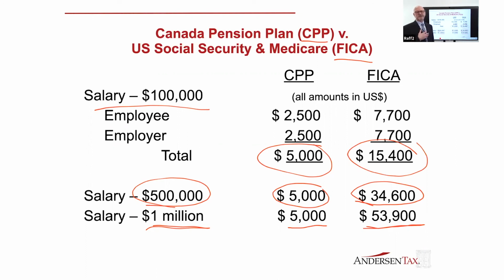Now, I had the privilege at one point in my career of being involved with a multinational company, a client, that we did an actuarial study for because when American executives came to Canada, they said, I must stay on U.S. Social Security because I don't want to diminish my benefits.